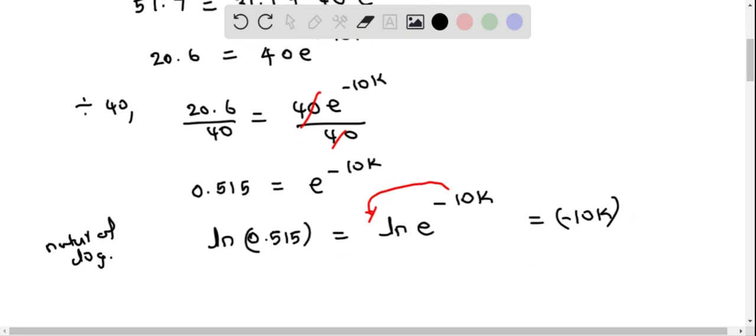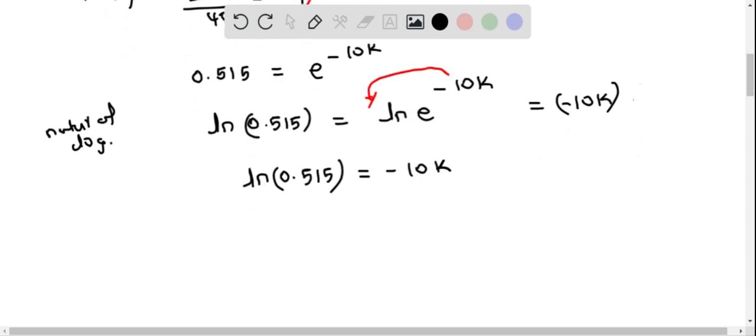So we have this equation: natural logarithm of 0.515 on the left side equals minus 10k. We just have to divide both sides by minus 10 so that we get the value of k. So k equals the natural logarithm of 0.515 divided by minus 10.